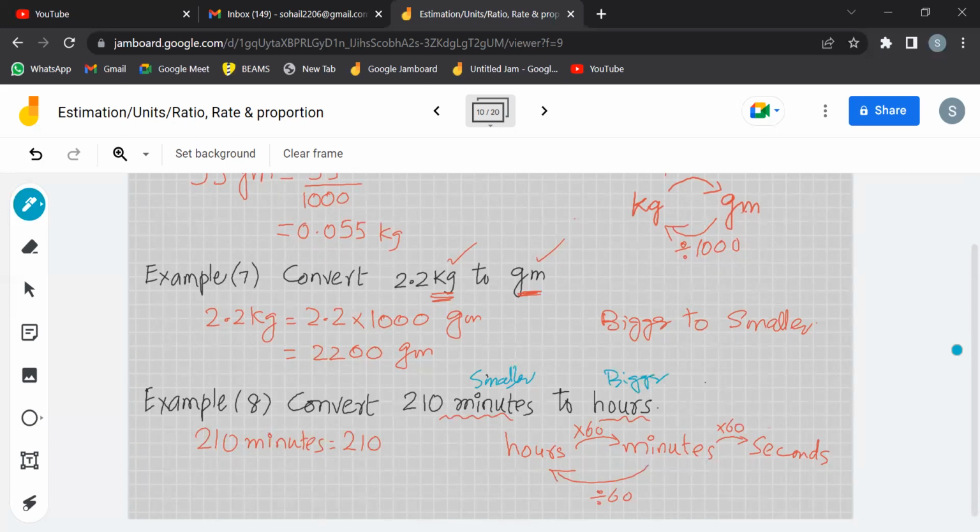From smaller to bigger, we divide by that factor, which we know is 60. Simplify 0 with 0. So 21 divided by 6 is 3.5 hours.